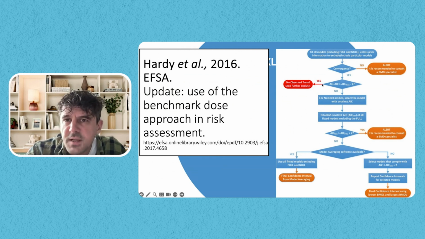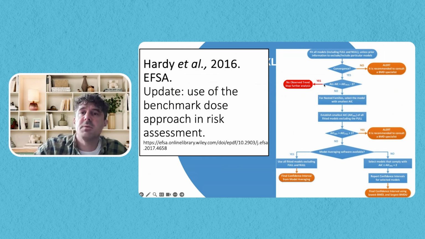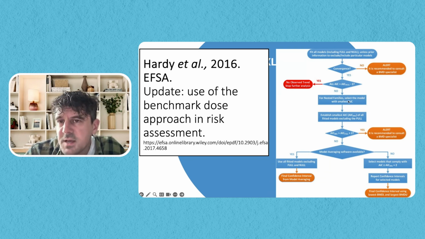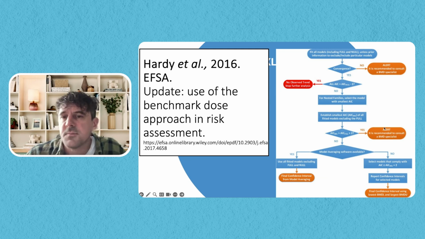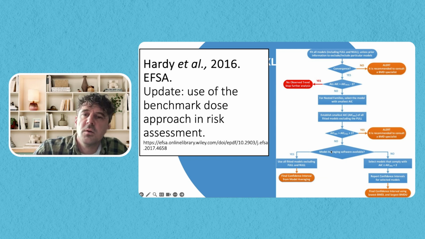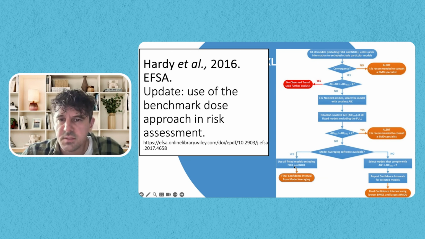No observed trend: okay, if nothing's happening, you can stop analyzing and say no dose response using the tool. Nested families are selected. This one's with the smallest AIC, or model averaging is put forward. This is all done for you. This is done for you as well. This can be rejected, and this gives you an alert if it does overcome the AIC, but you don't have to worry about that too much. All of this is really sorted out if model averaging is available, and I'll show you how to do this in a minute.